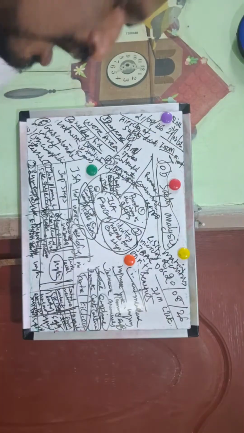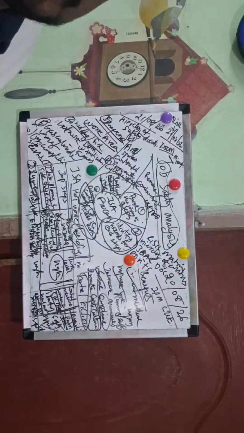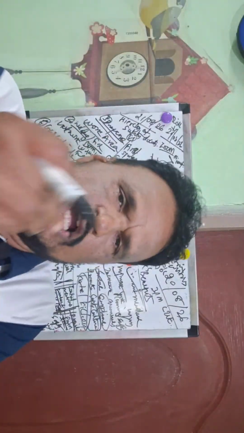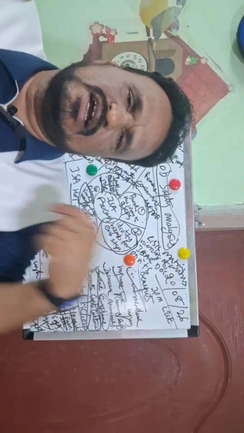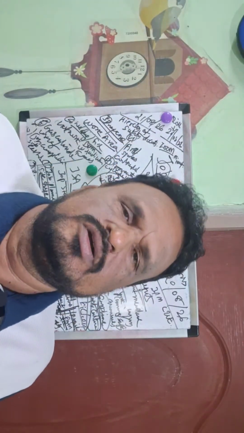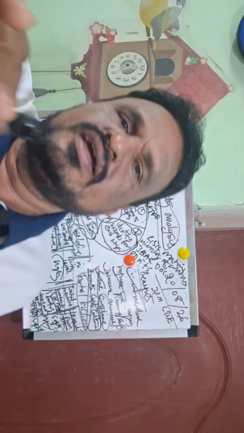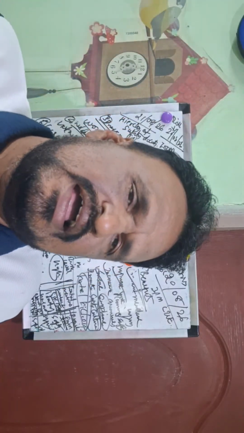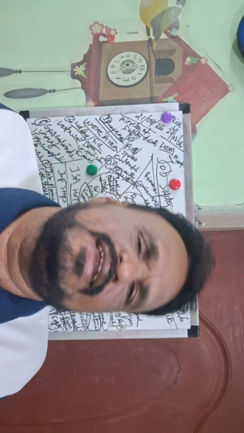Control measures are PPE, personal protective equipment: gloves, hat, coverall, safety boots. So all these come as control measures. PPE, fire extinguishers, fire blanket.